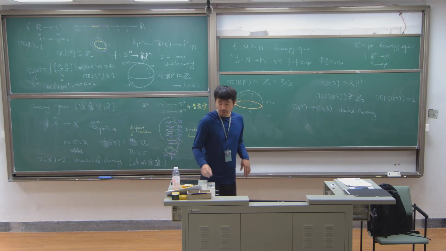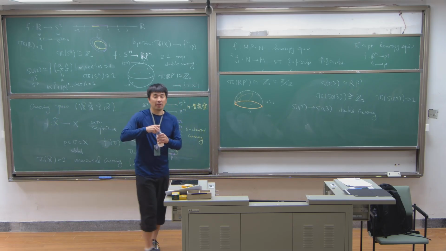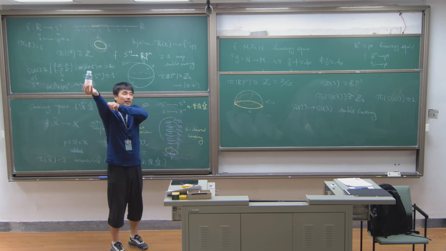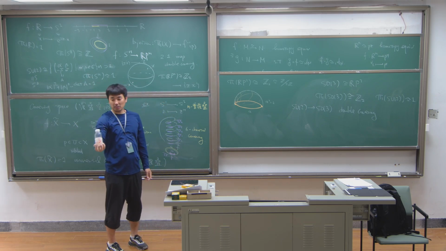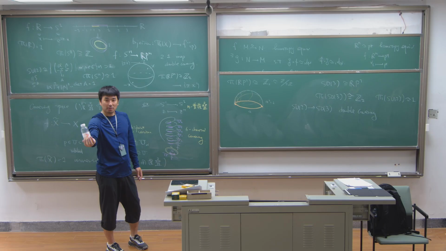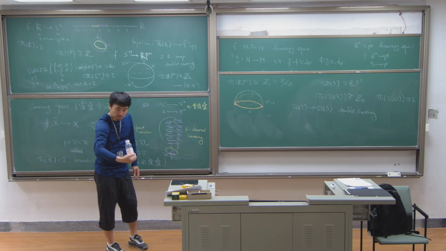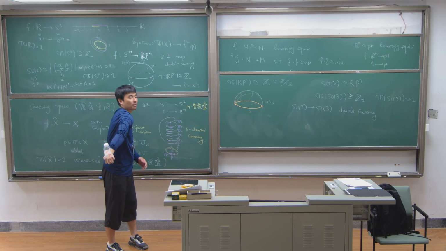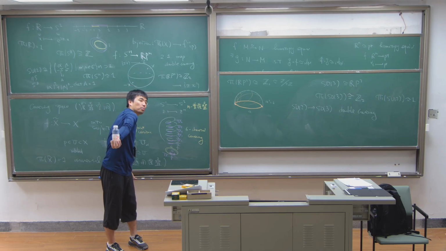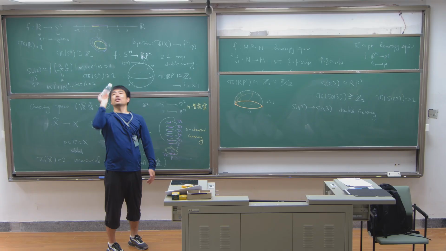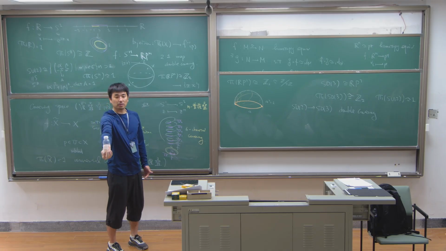This double covering is very easy to see the following way. If you rotate this by a 2 pi rotation, my hand is twisted. However, if you add one more 2 pi rotation, like this way, you can come back to the original point.